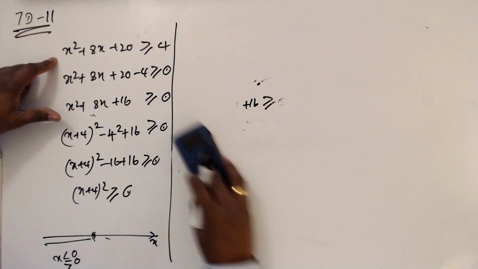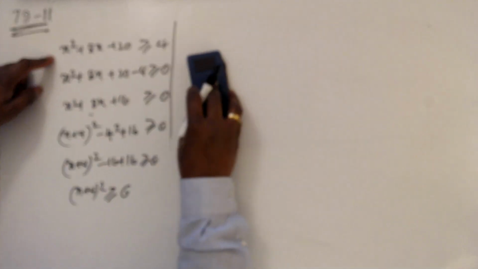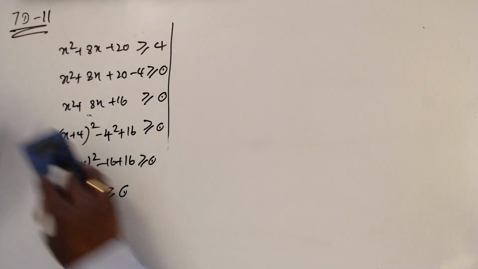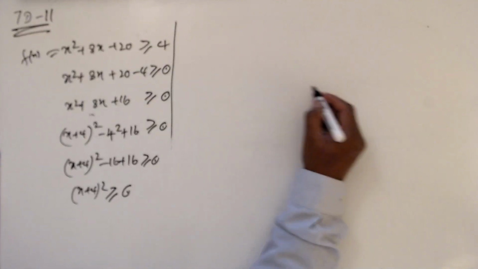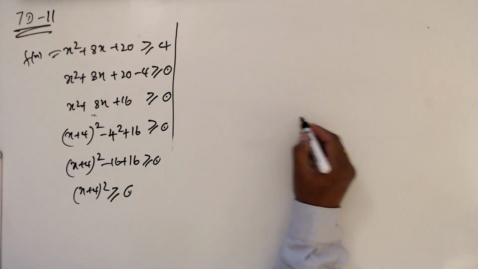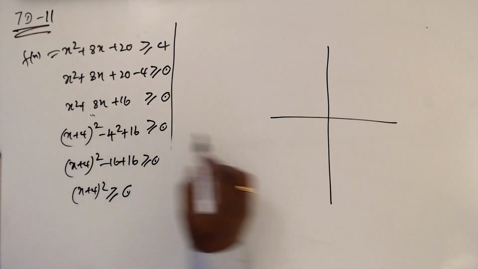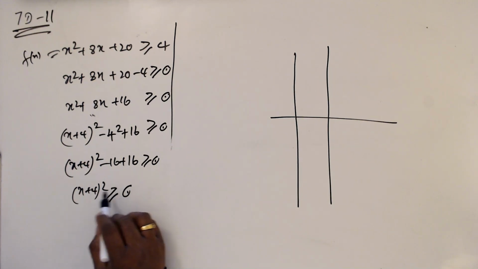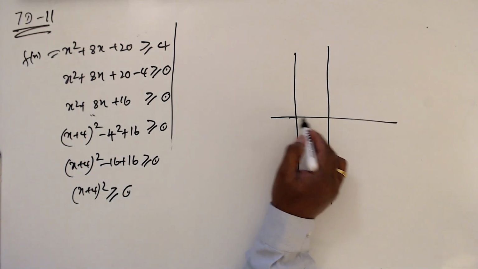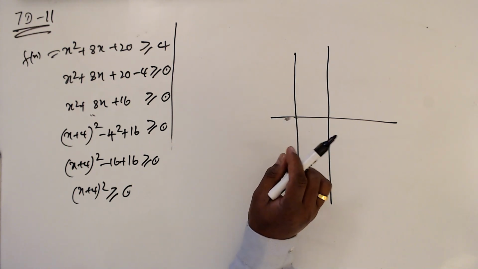Or the second method is, if this is f(x), we have to draw the graph. So this is x minus 4, and it has a minimum.